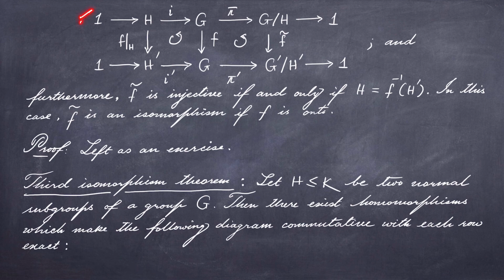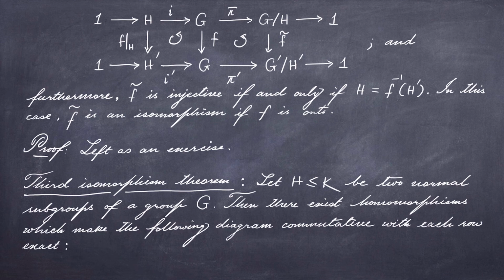Here each row of this diagram is a short exact sequence, and this F_H is nothing but the restriction of F to H. That makes sense because F is a homomorphism from the normal pair G comma H to G prime comma H prime.